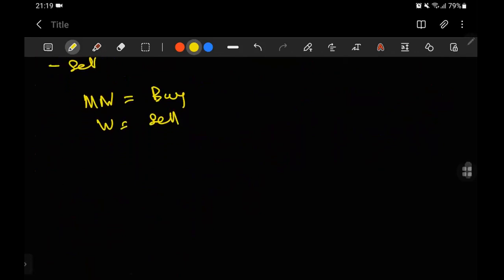Okay. So for the table: direction, setup, bias.